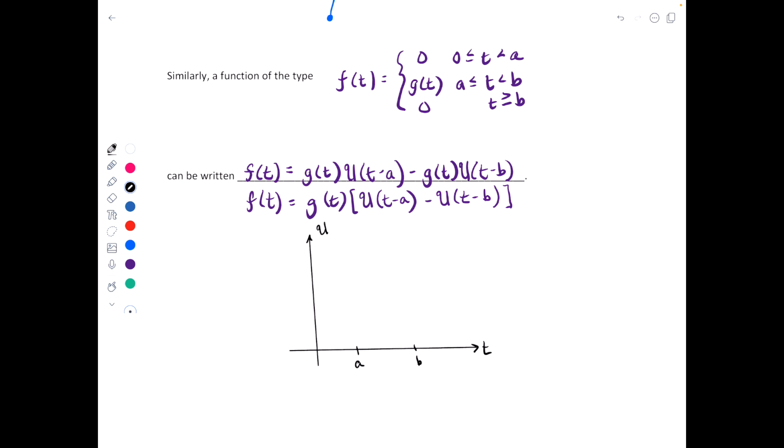So you'd have this segment here is turned off, and this segment here is turned off, and then you'd have something going on in the middle. So you could have a line, you could have something else.